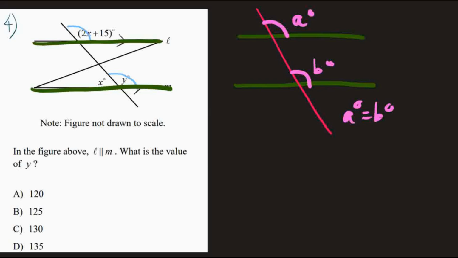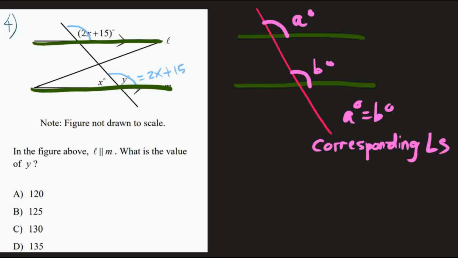This property we call the corresponding angle. Now it means Y is equal to 2x plus 15.